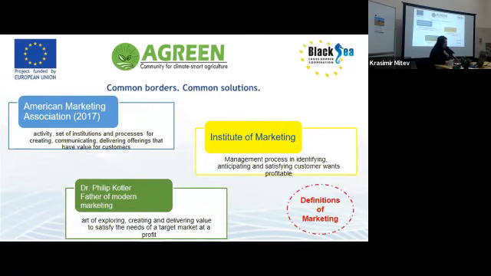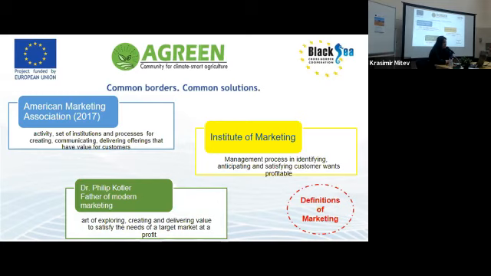Now, let's see three very important definitions of marketing. The first one comes from the American Marketing Association. It was approved in 2017, and states that marketing is an activity, a set of institutions and processes for creating, communicating, and delivering offerings that have value for customers.